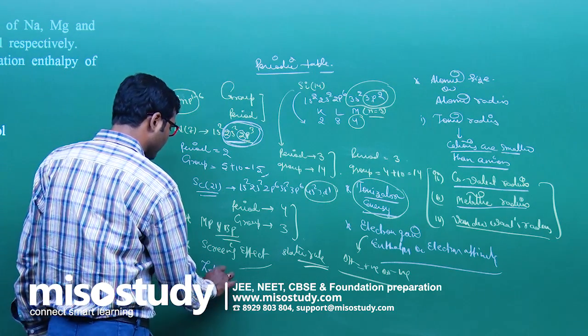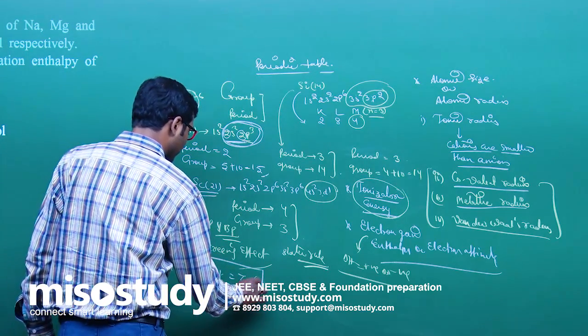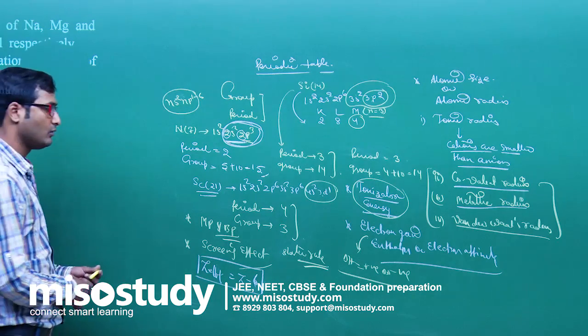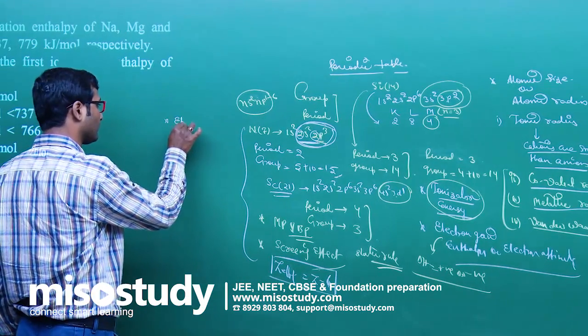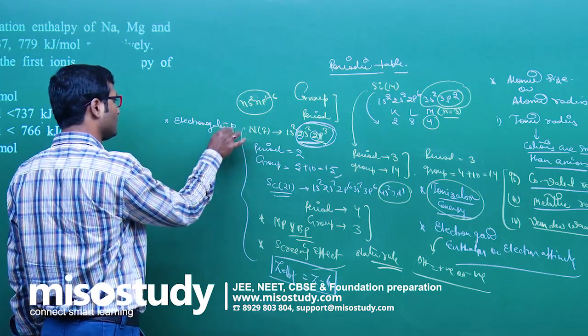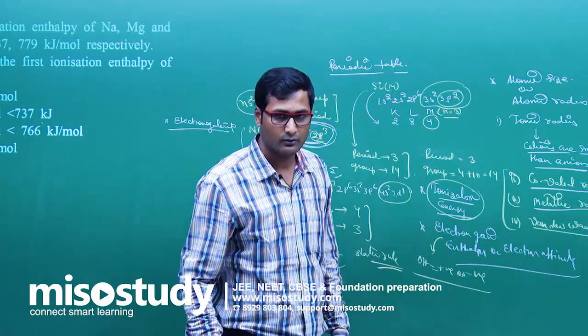Z effective will be equal to Z minus screening constant. This is the formula. Am I right? Yes sir, you are absolutely right. Then focus on electronegativity. For this, the Mulliken scale, and the Pauling scale, do you remember this?